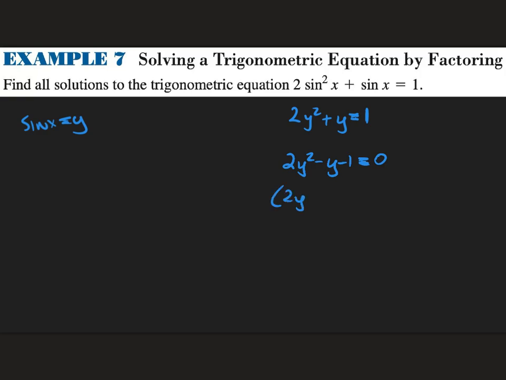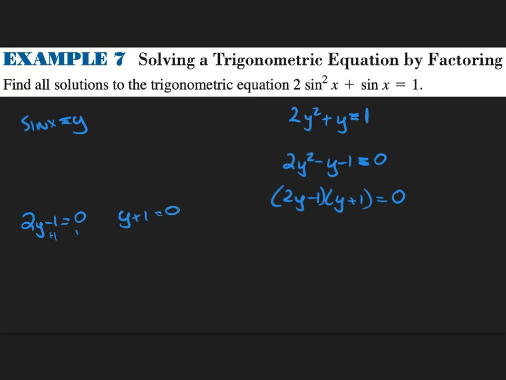We get 2y minus 1 and then y plus 1, set that equal to 0. Then we set both factors equal to 0 separately.